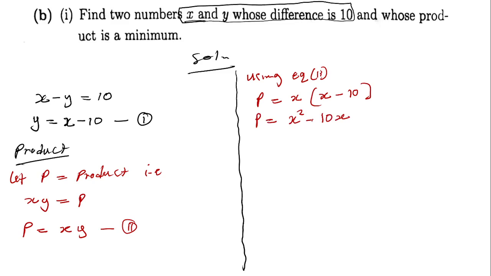Now from here, something has to pop up in my head. I have to capitalize on this: the product is a minimum. The tricky thing here is that you have to look for a topic which talks about minimum and maximum.